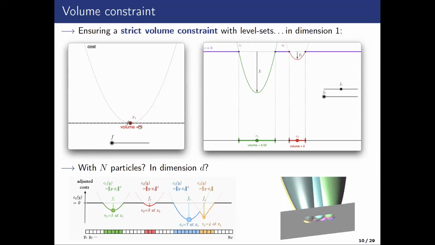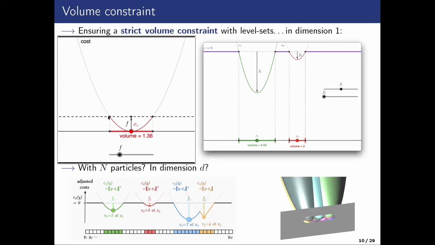So of course in dimension 1 it is a bit trivial. It's just a segment, and the segment has some length, and that length is the volume in dimension 1. But what we can do also is to say, okay, we take a cost function, a function that is not too flat. If you check all the level sets of that function, there will be some value f where, if you want the volume to be 2.83 here, there will be a level set that corresponds to that volume.